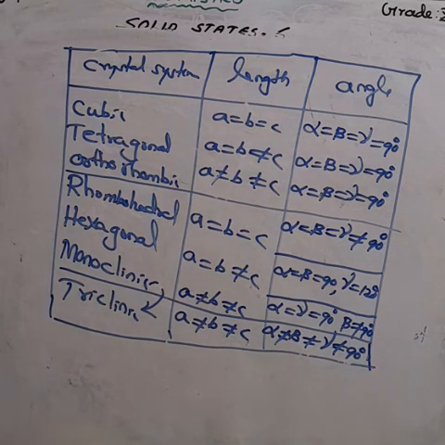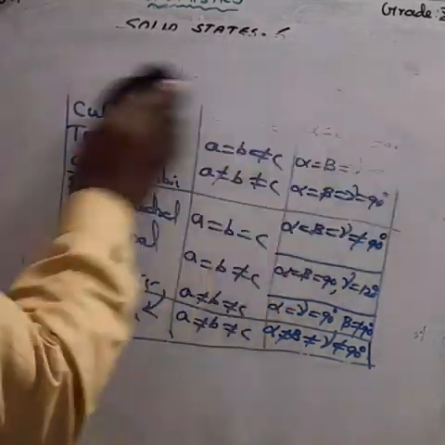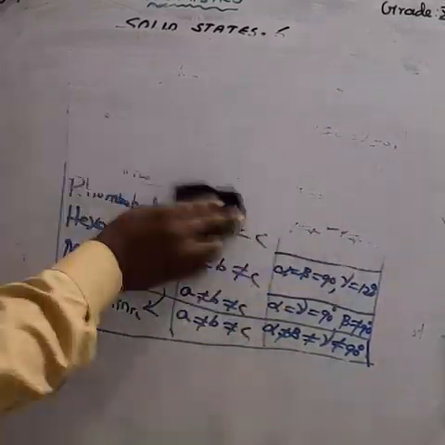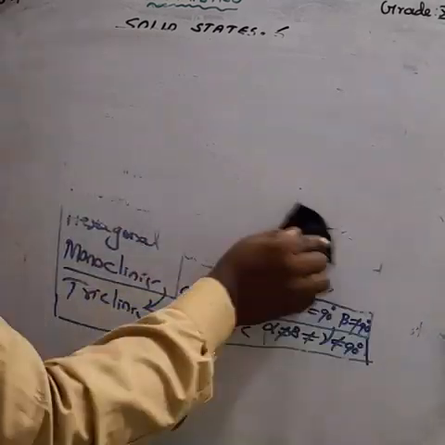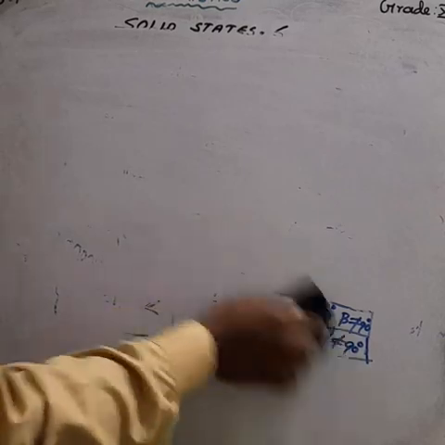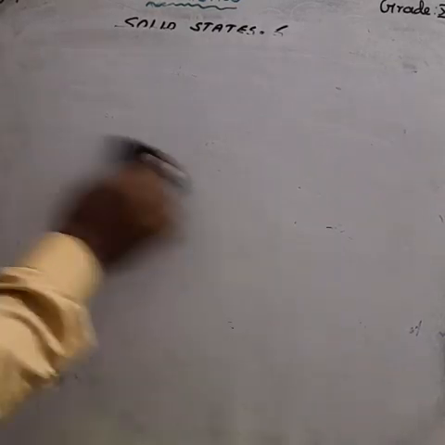Next, the Bravais lattice, please see page number 182. Cubic has three structures. Please try to draw this structure. Cubic, tetragonal, hexagonal, orthorhombic, monoclinic, trigonal, triclinic. This is the Bravais lattice, which has 14 diagrams.